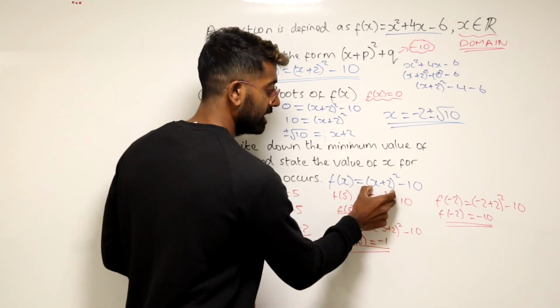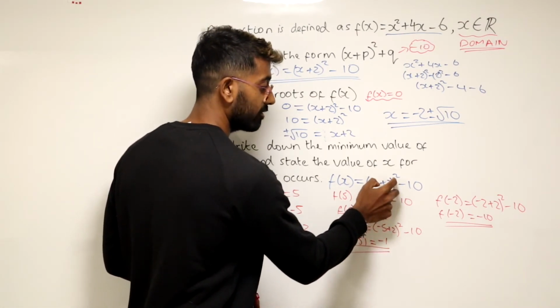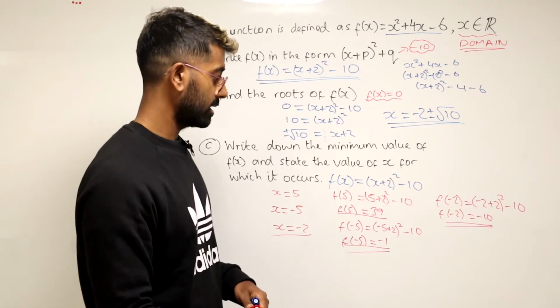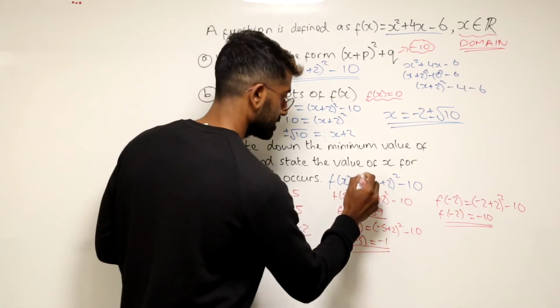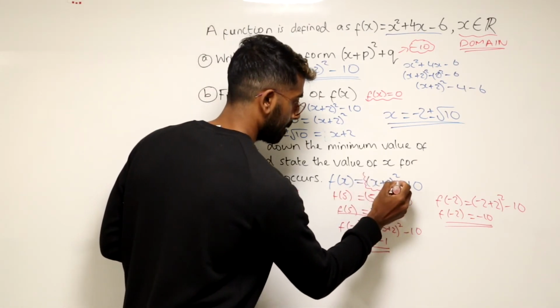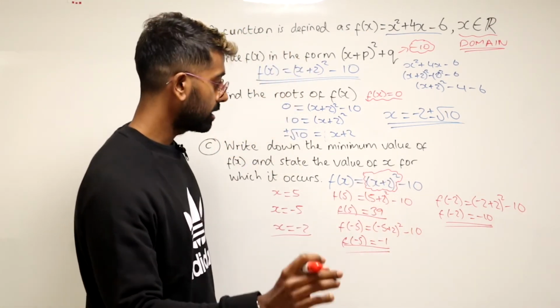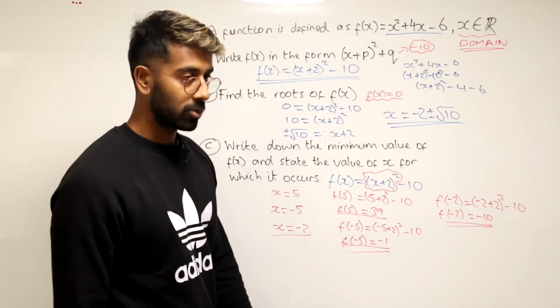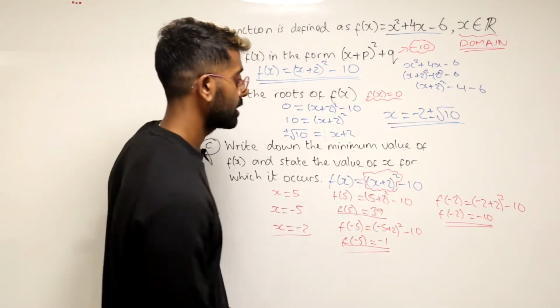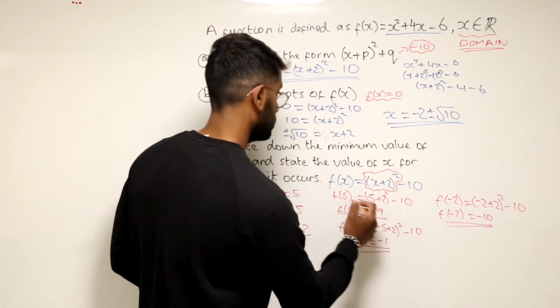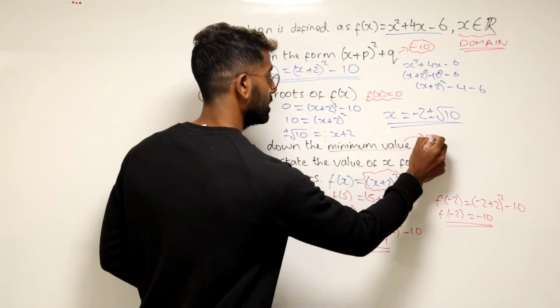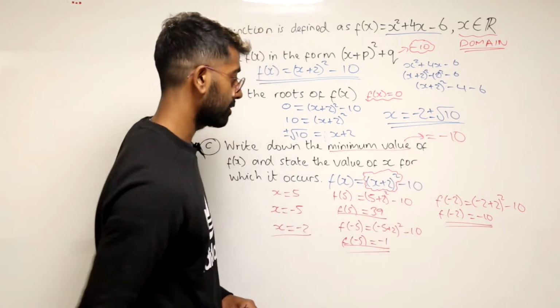So even if this was a negative number in here, after we square it, it becomes positive. And so all you've got to remember is this. As long as you can make that part 0, you will get the minimum value. So our minimum value here, where is it? Minimum value is going to be equal to minus 10.